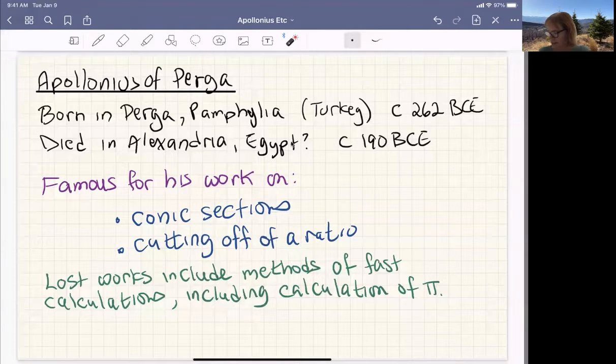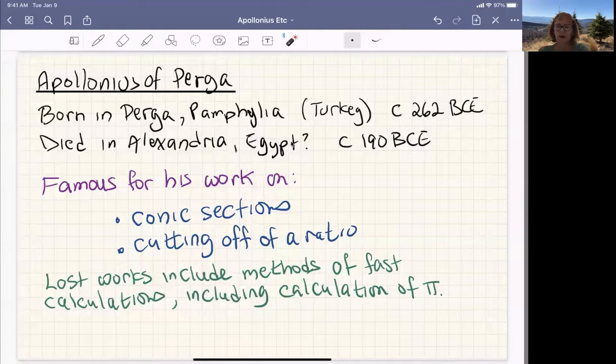So he's actually done quite a lot of works. For example, conic sections. So his work on the conic sections was very influential. Cutting off of a ratio. There's some lost works, including methods of fast calculations.